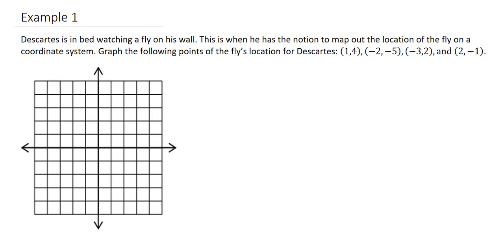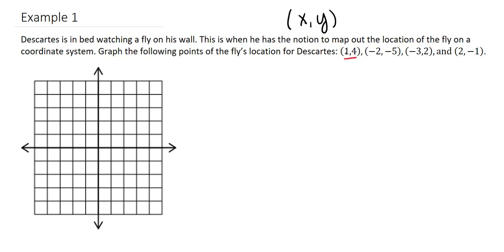So we have these 4 different points. We have 1 and 4, -2 and -5, then -3 and 2, and 2 and -1. So we need to remember we have x and y. So let's go ahead and start graphing these points. Let's use red. So let's look at 1 and 4.